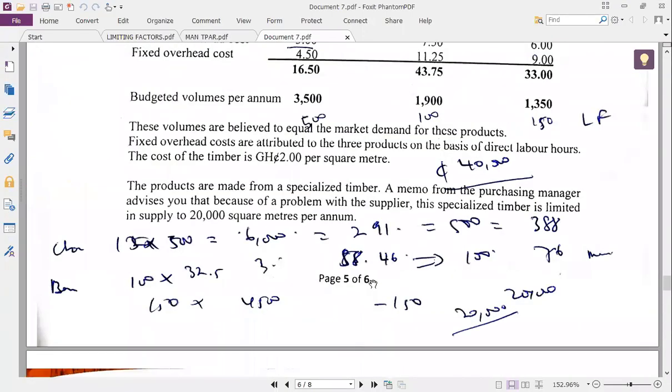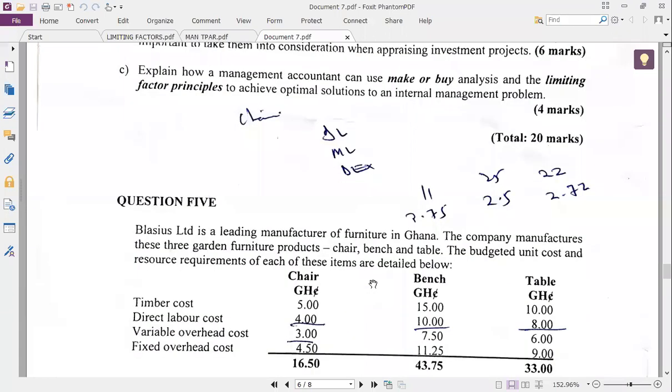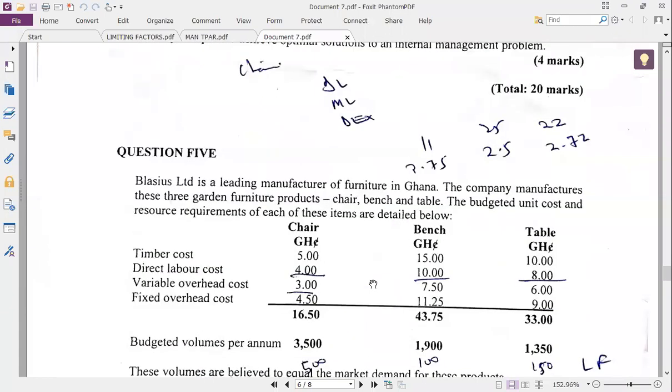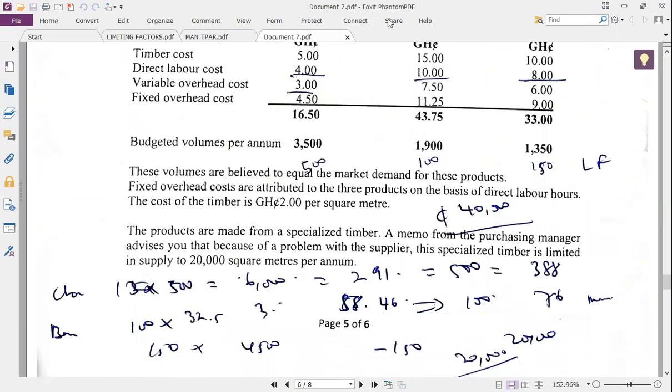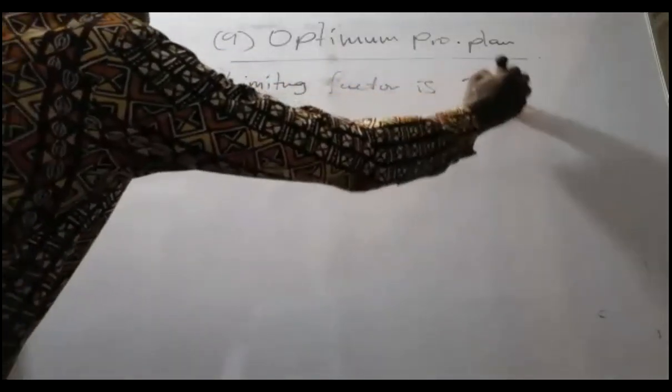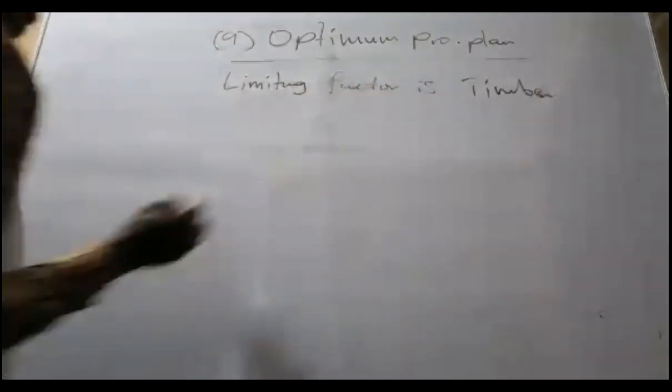So let's see. Timber. And they mentioned the timber. How they state it. So the limiting factor is timber, or specialized timber. So the limiting factor is what? Timber. Good.